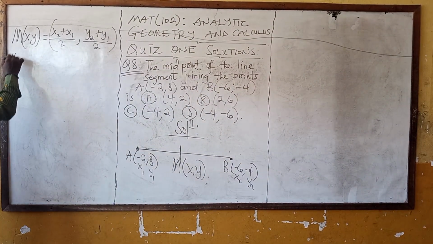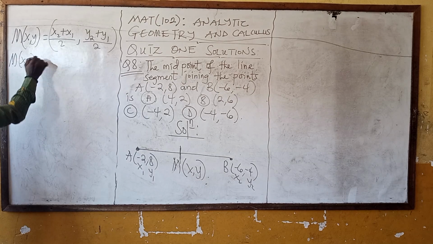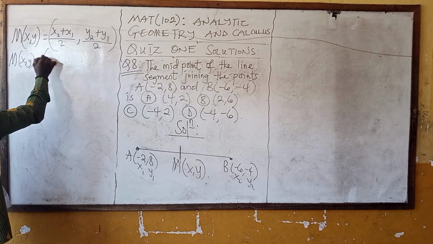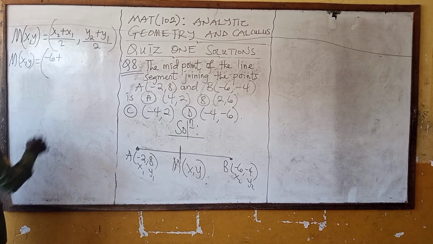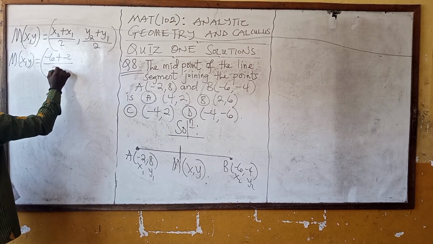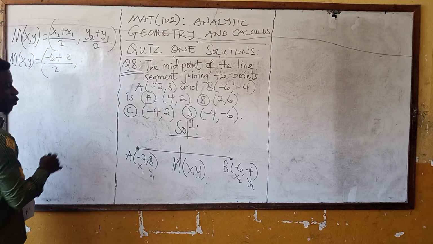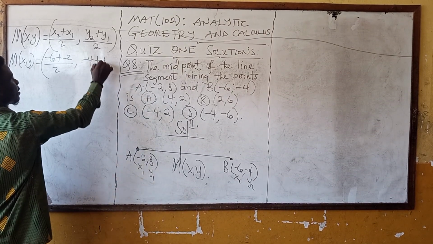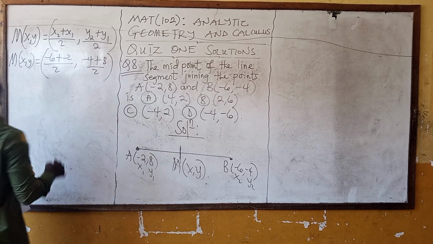So I have my point M(x, y) being equal to my x2, which is -6, plus x1, which is -2, divided by 2. y2 is -4 plus y1 which is 8, divided by 2.